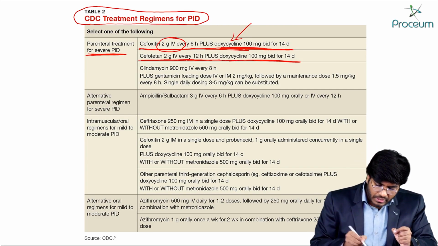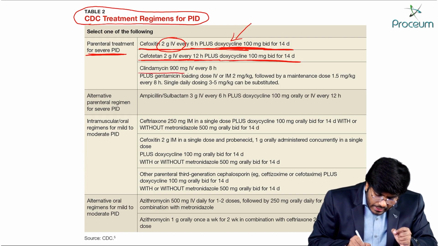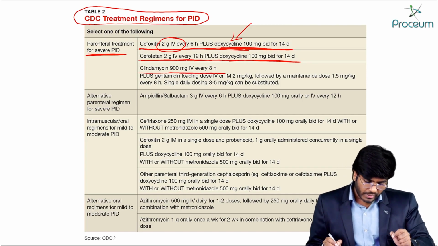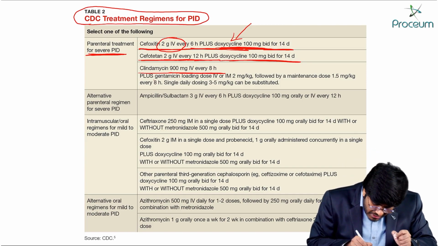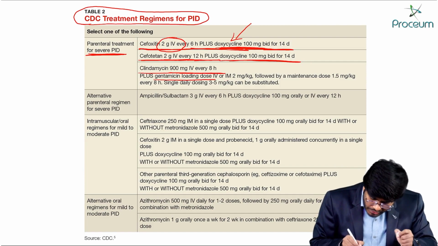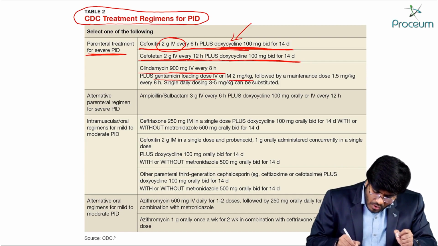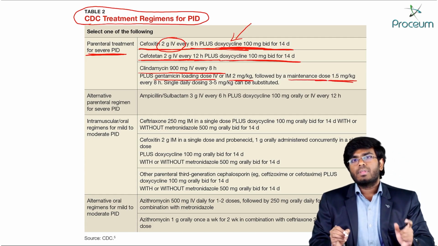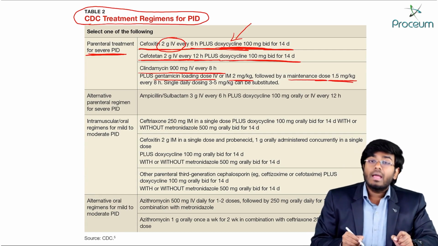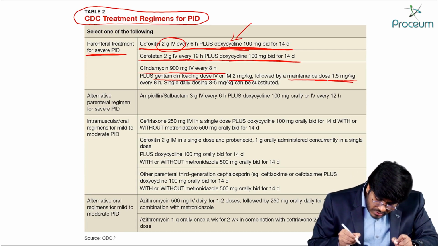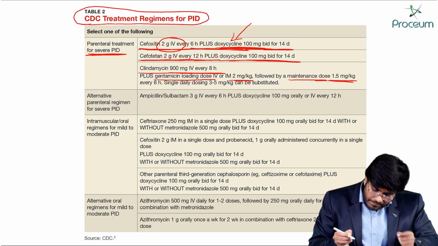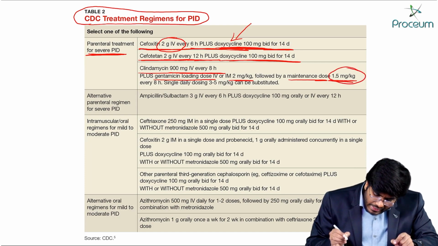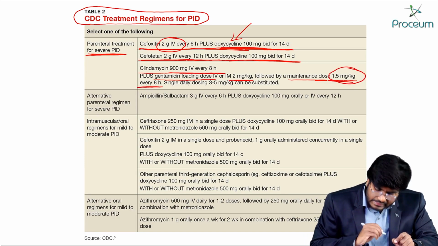And one more regimen you can use here is clindamycin. Clindamycin 900 milligram IV should be given every 8 hours. Along with that you have to use a gentamicin loading dose, IV or IM, 2 milligrams per kg, followed by a maintenance dose of 1.5 milligram per kg every 8 hours.